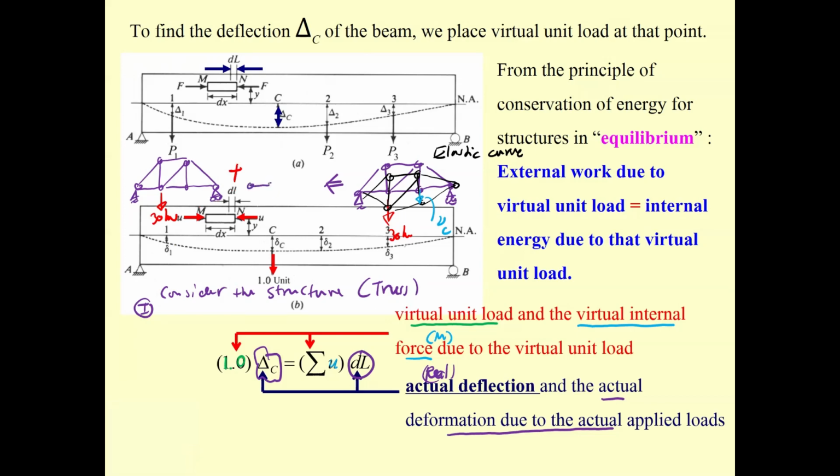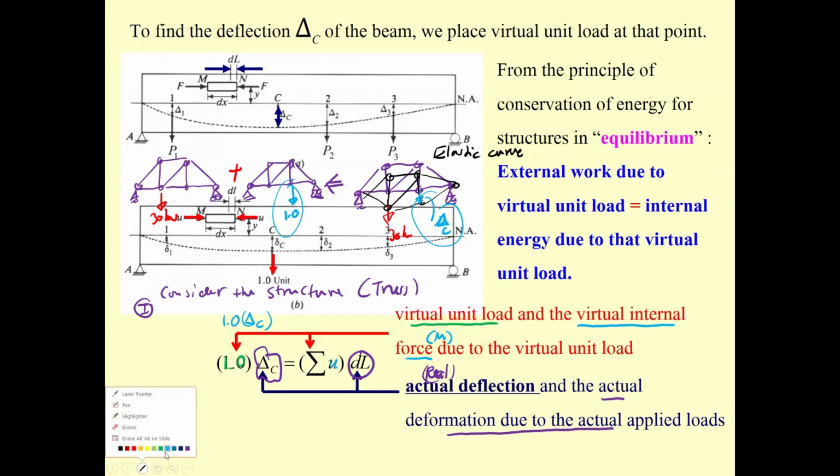By the principle of superposition, you apply 1.0 unit load over here. Let me change this to delta sub C. Then what you have is 1.0 times delta sub C, and that is going to be the external virtual work.